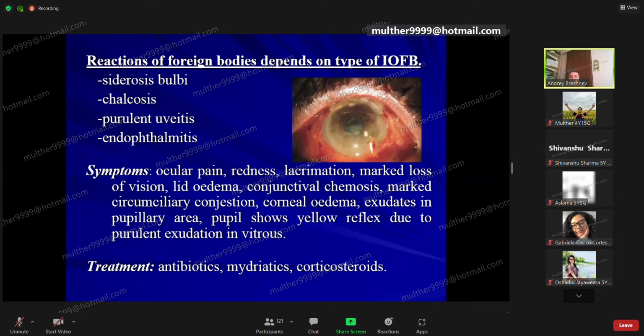For example, the most frequent type of foreign bodies, iron foreign bodies, and the complication due to its long presence inside the eyeball is named siderosis bulbi. It refers to the degenerative changes produced by an iron foreign body, and these usually occur after half a year of the injury, after 6 months. If we didn't remove the foreign body in time, because of some reasons, we can find such a severe complication after half a year of its presence inside the eyeball.